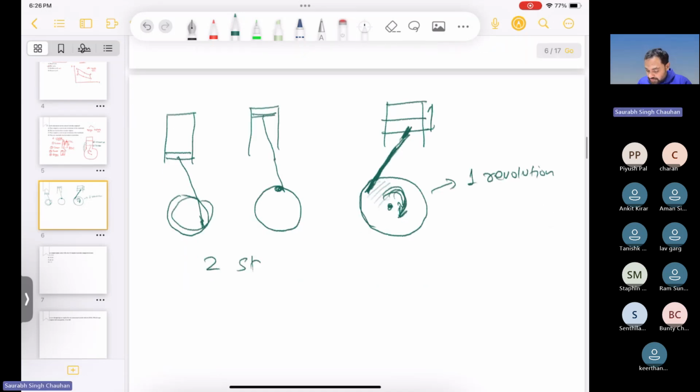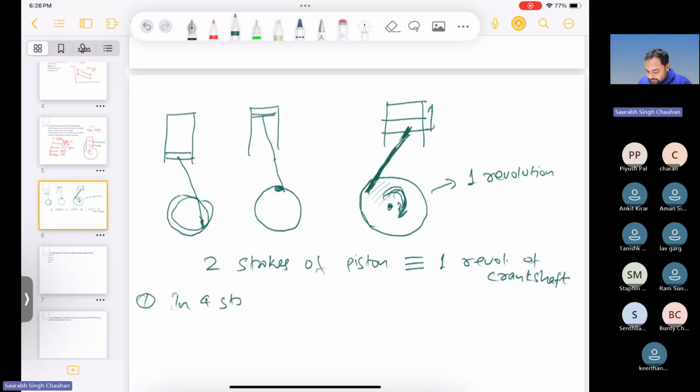So two strokes of piston are equivalent to one revolution of crankshaft. In four stroke engines, you need four strokes for one thermodynamic cycle.